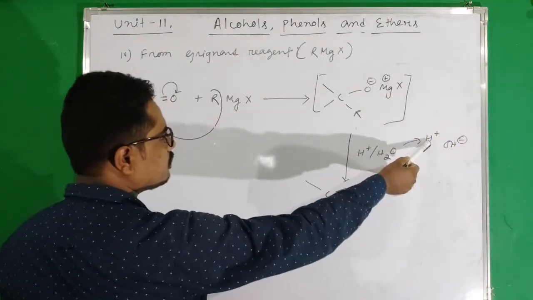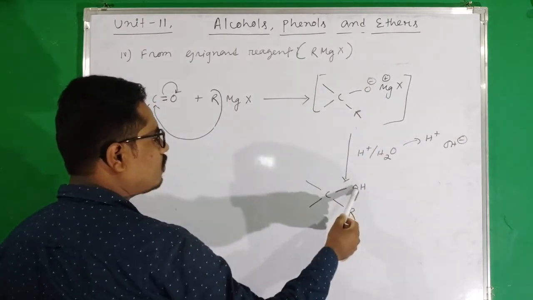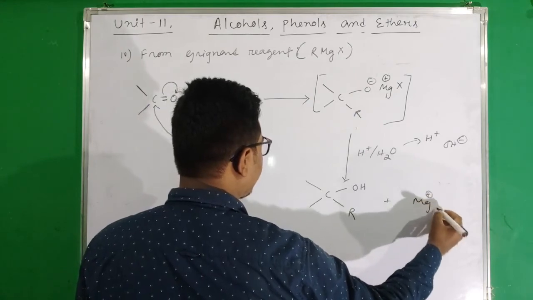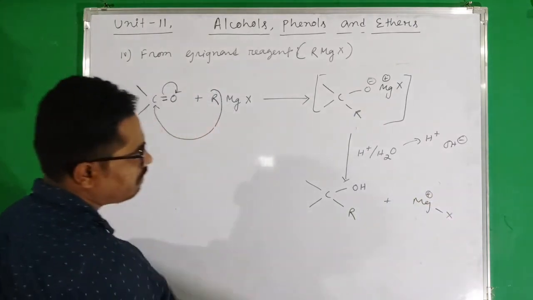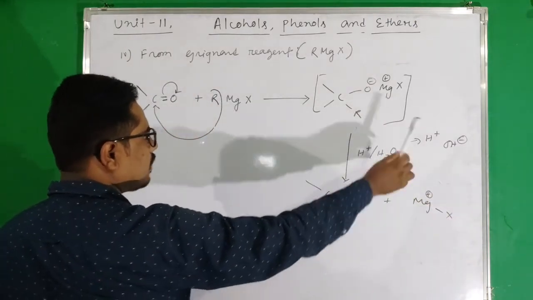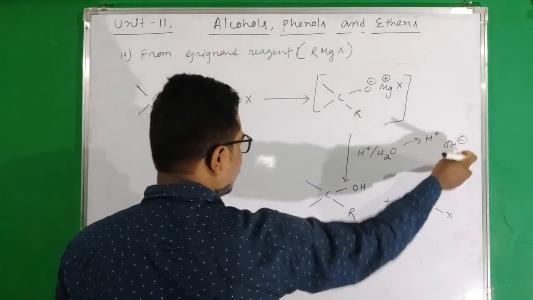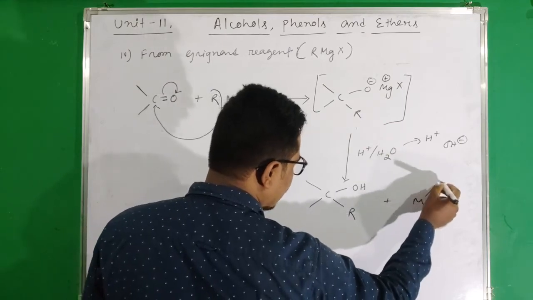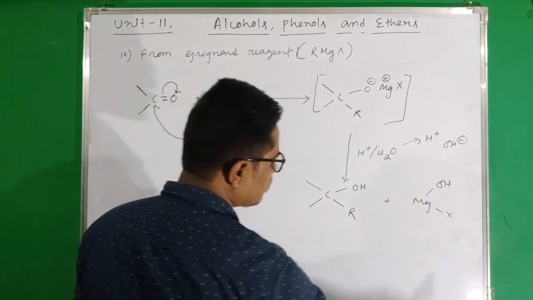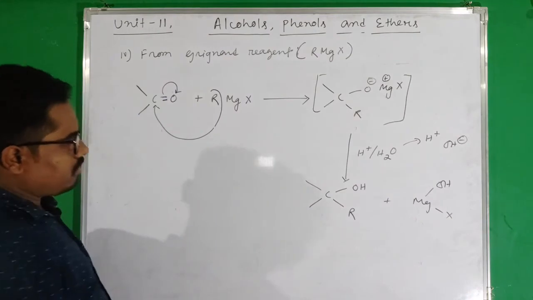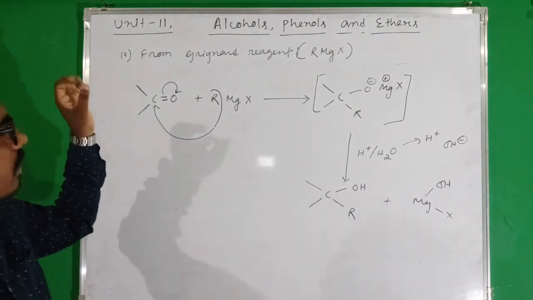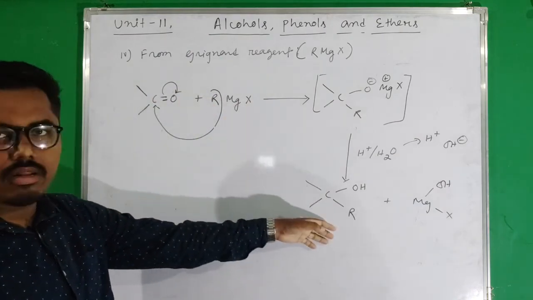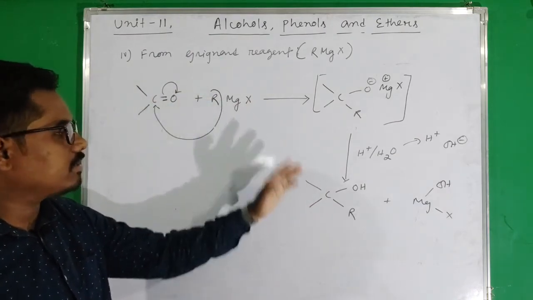This H positive will attach with the oxygen to form OH, and now magnesium positive and X will break down, and this OH negative will attach with this magnesium positive to form MgOH. Okay, so we have converted aldehydes or ketones to alcohol by using Grignard reagent.